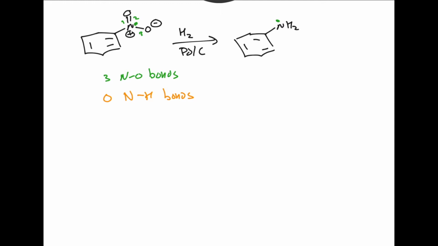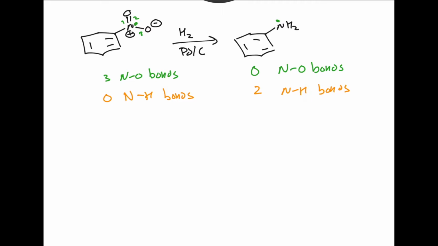Right? So now when we go to aniline, right, we have 0 NO bonds, and we have 2 NH bonds. Right? So we decreased the number of nitrogen-oxygen bonds.